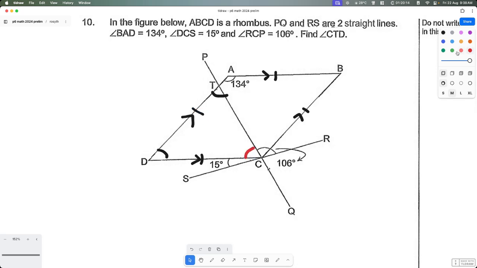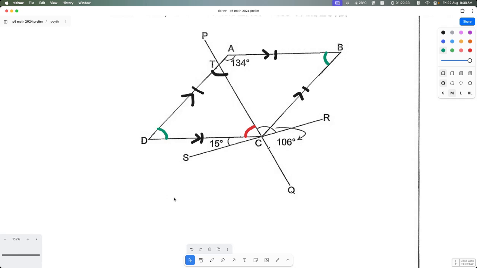So I'll make this red, I'll make this green. Okay, so we need to get this green angle and this red angle. So once we get these two angles, then we can get CTD. So this green angle over here is also this angle over here, right? And that's it. Okay, pretty straightforward, I would say.